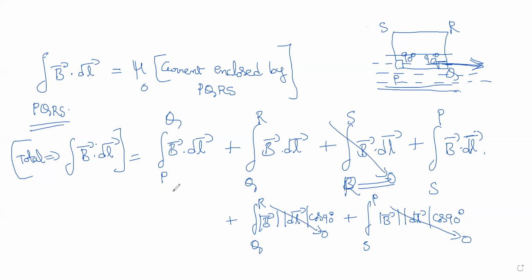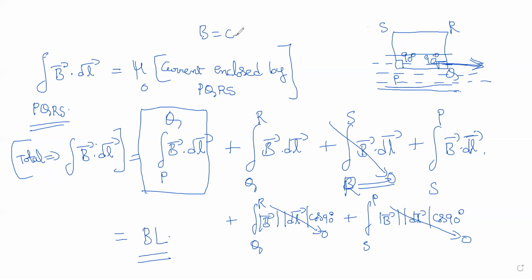You have only one surviving term, that is P to Q, B bar dot dl bar. Simply it has come up to this extent. And now what can it be? It is nothing but the length of the solenoid. So this is simply equal to B times L, if B is constant.